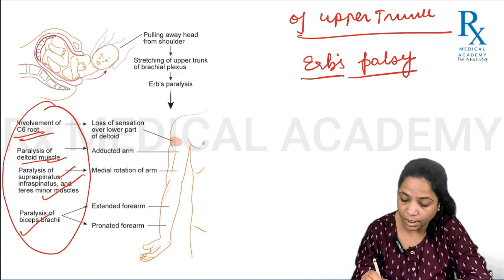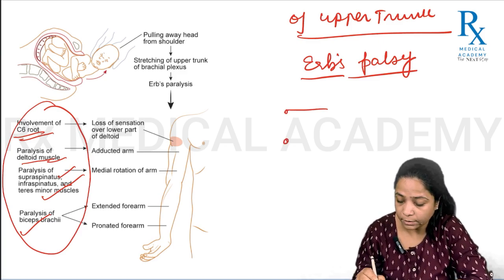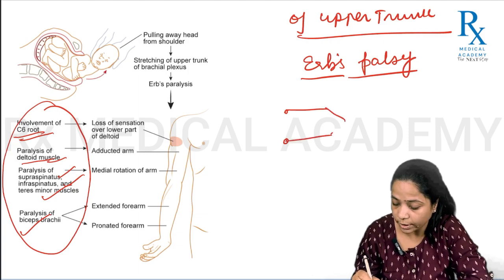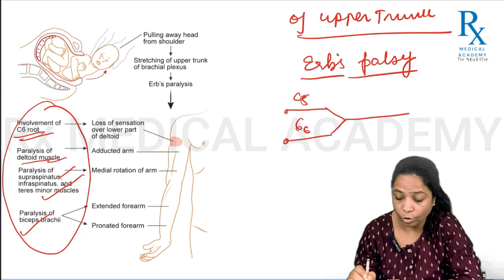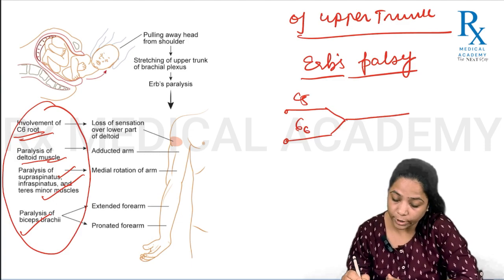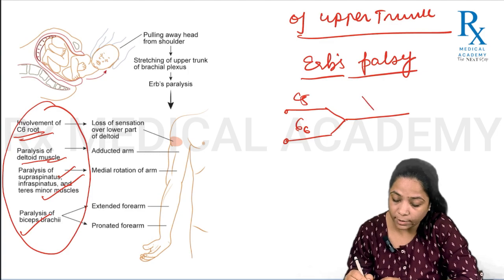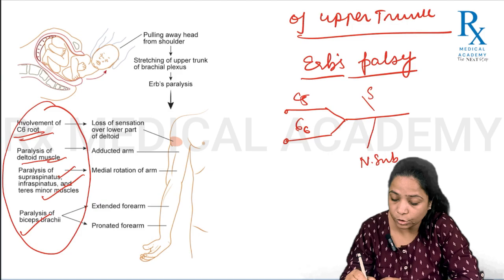I have told you the upper trunk is formed by the two roots, C5 and C6, which unite and form the upper trunk. At this point, at the upper trunk, you will find two other branches. One is the nerve to subclavius, another one is your suprascapular nerve.